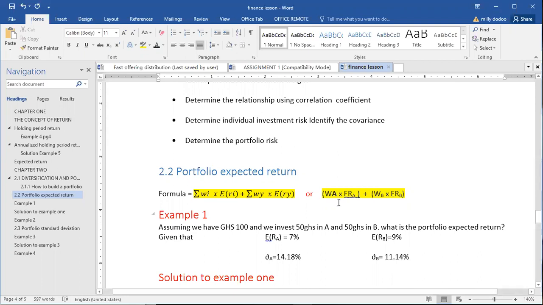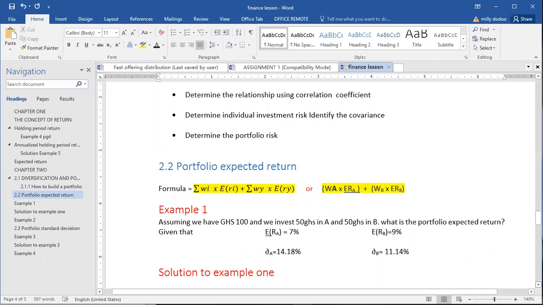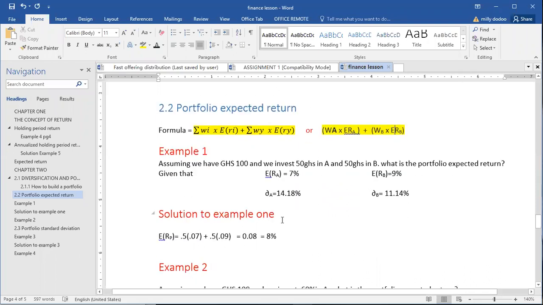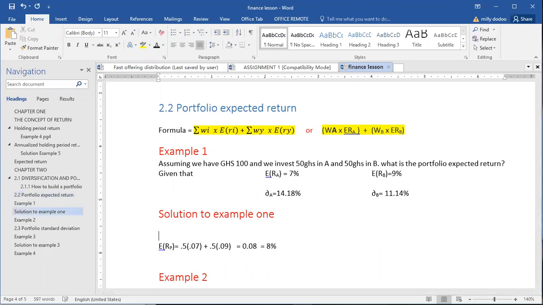And that is the weight multiplied by the expected return. Now, the proportion of the money you are investing into the investment is what we call the weight or the probability. So I have 100 Ghana cedis and I'm going to invest into them. The first thing I need to do is compute my weight.